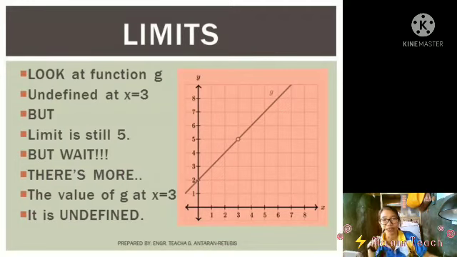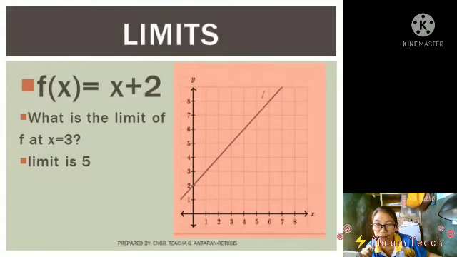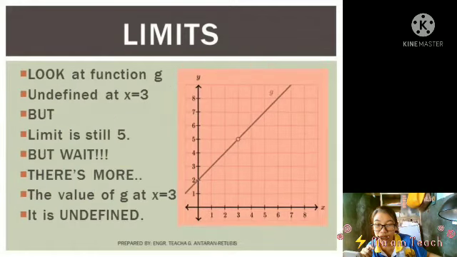Look at this function, g. Earlier we had a function f, right? Now, if you can observe, it is the same, class. Take note, look at this f. That's the graph of f, x plus 2. Now, look at g. They are the same.